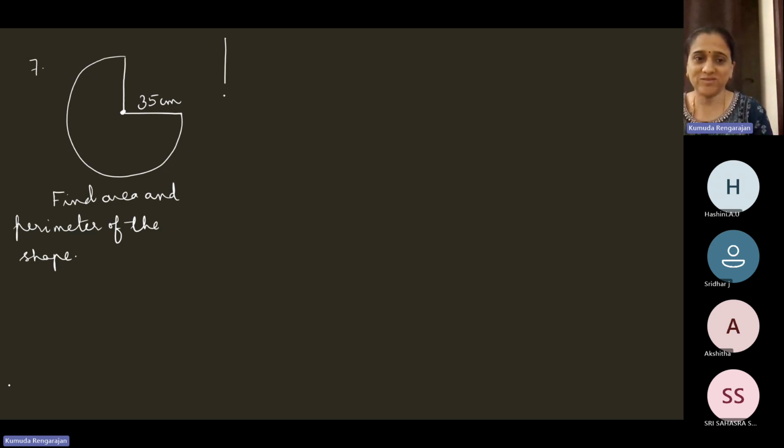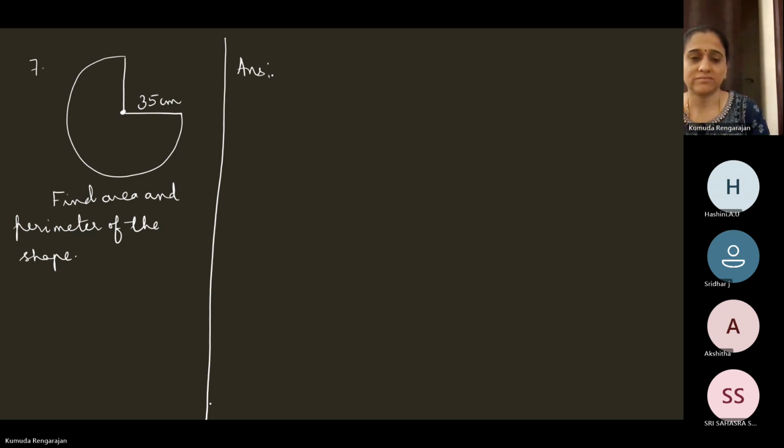And area is equal to 3 by 4 into pi r square. 3 by 4 into 22 by 7 into 35 into 35.